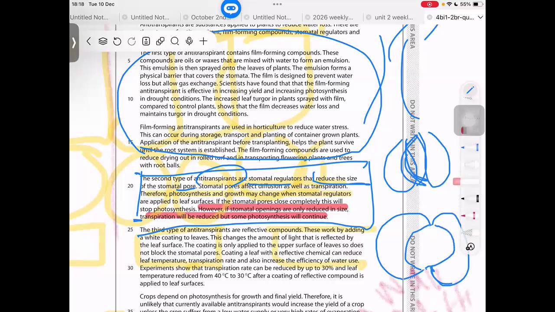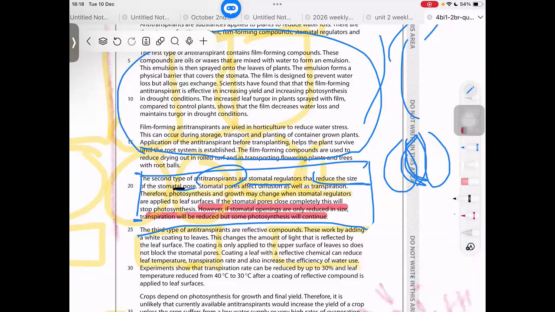But if the guard cell is very small, you can see the stomata is closed like this, right? If the guard cell is shrunk like this, then the stomata is small, right? So basically the second type of antitranspirants, they reduce the size of the stomatal pore.